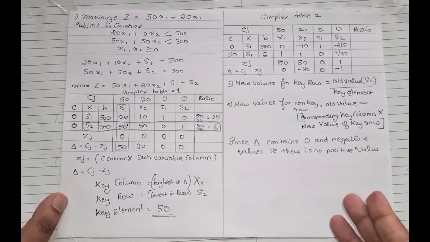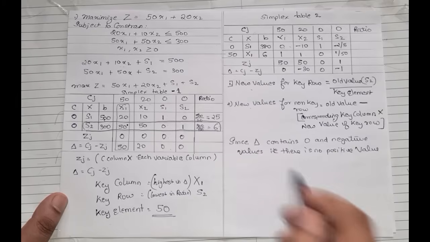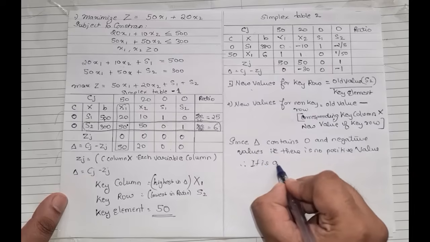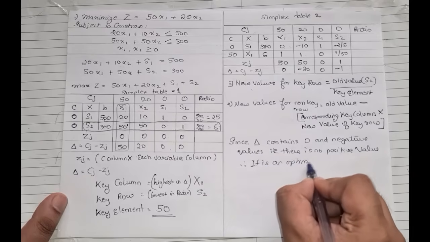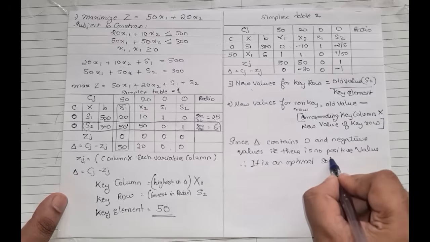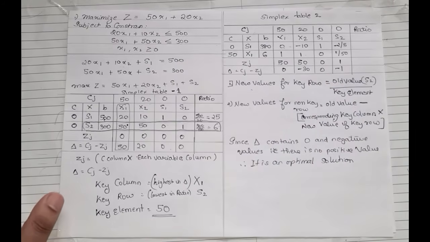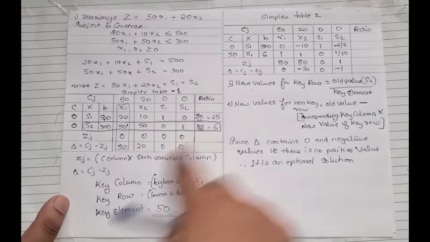If it becomes positive, then you'll have to solve the sum further. If all the values are 0 or negative, then I can say it is an optimal solution.